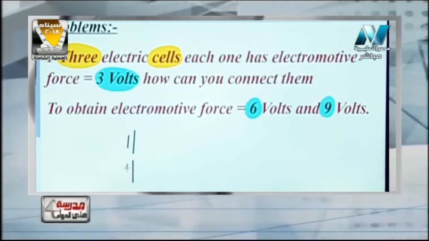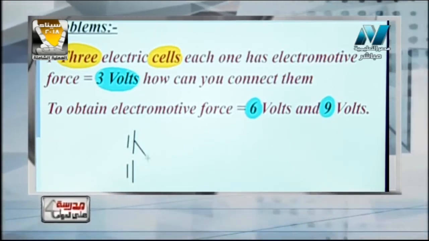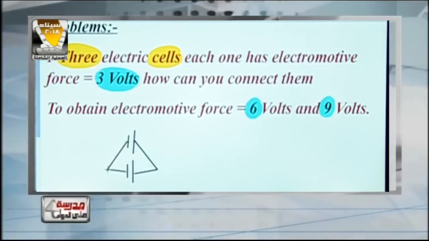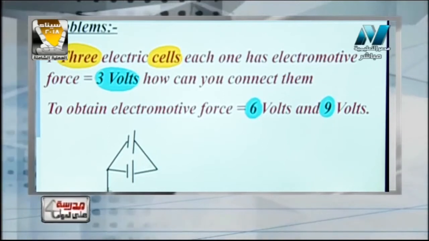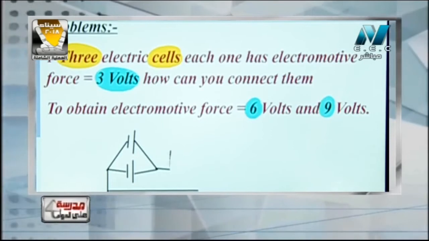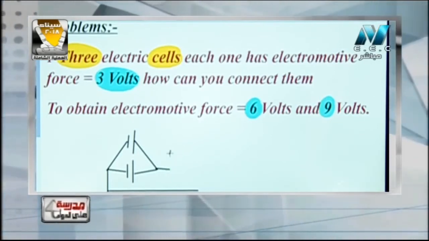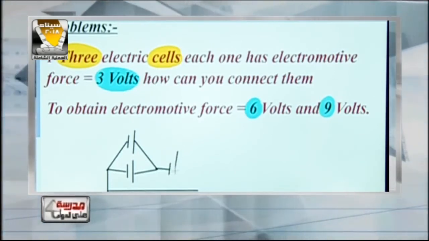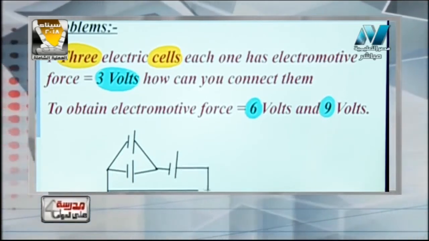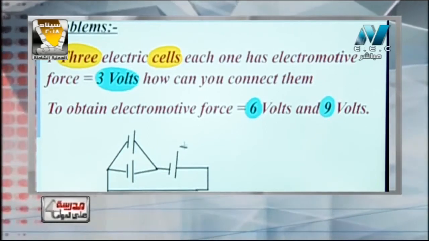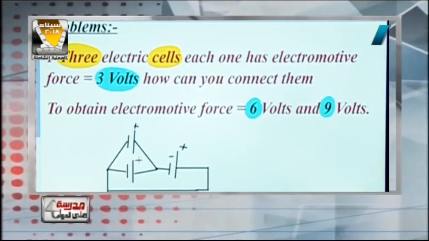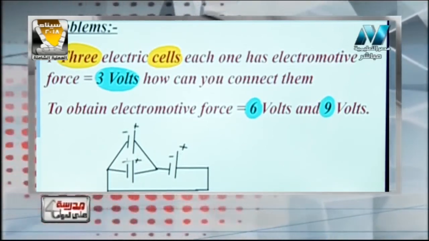So we should connect 2 electric cells in parallel connection as you see like that, and just one in series connection, as you see. Don't forget to write the negative and positive poles.